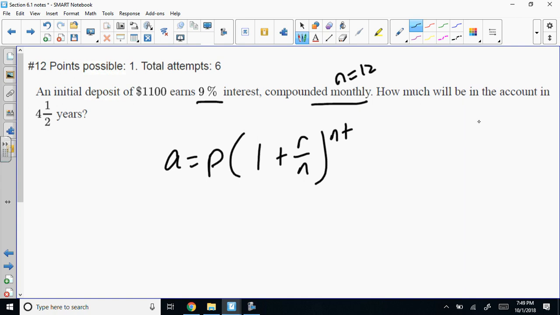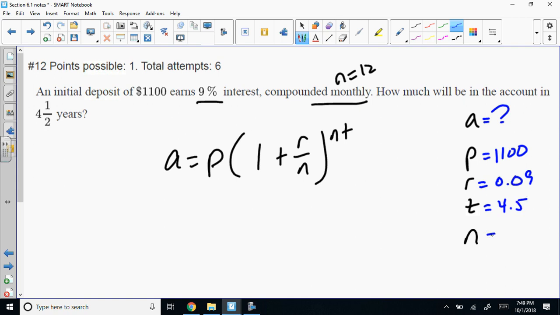We have A, P, R, T, and N. N is the number of compounds per year, so if it's monthly, that's 12, right? We want to find out how much is earned if we put $1,100 in at 9% interest for 4.5 years. So that's 4.5 compounded 12 times per year.